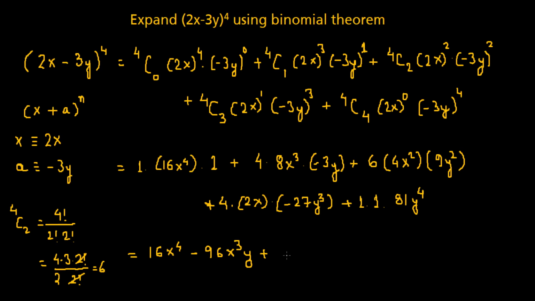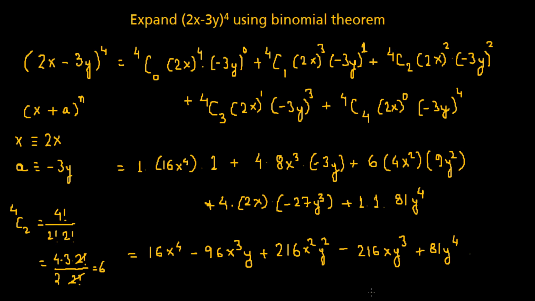So 6 times 4 is 24, 24 times 9 is 216x squared y squared, negative 4 times 2 is 8, 8 times 27 is 216. Great. 216xy cubed plus 81y raised to the power 4. Okay, so this is the expression. This expression gives you the expansion of (2x minus 3y) raised to the power of 4.